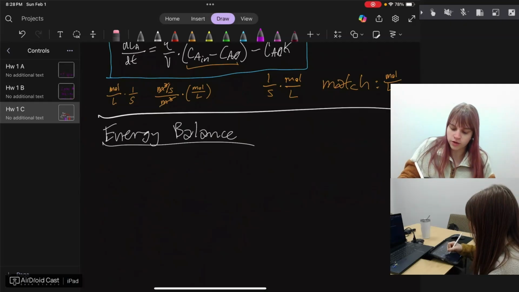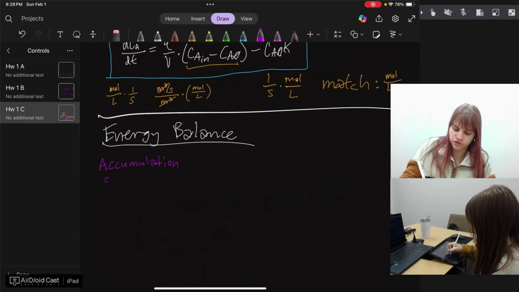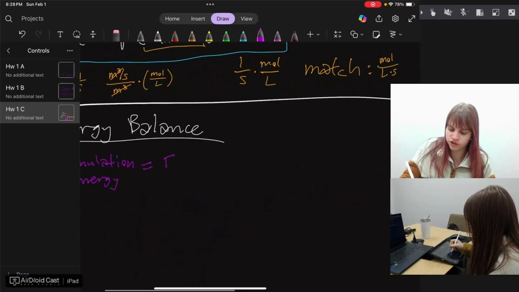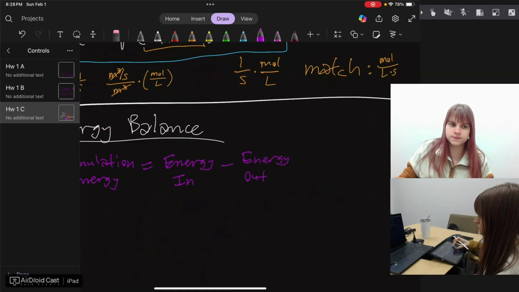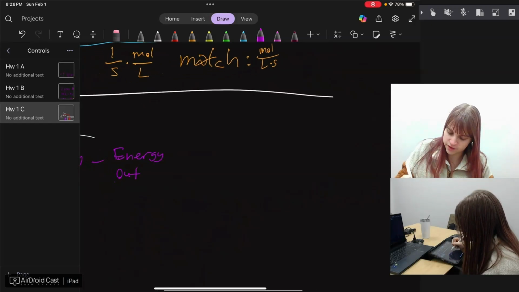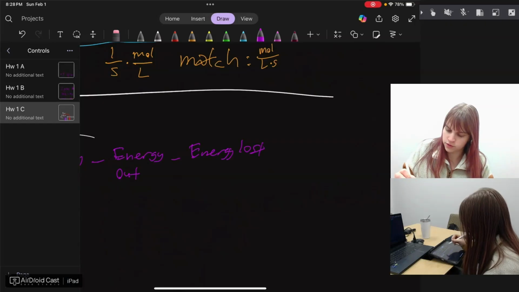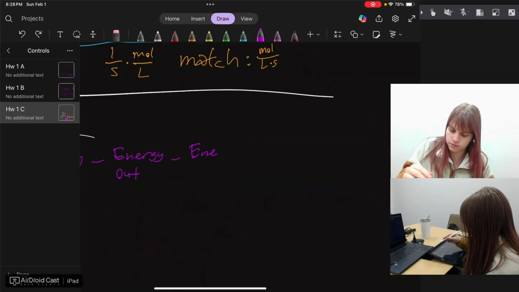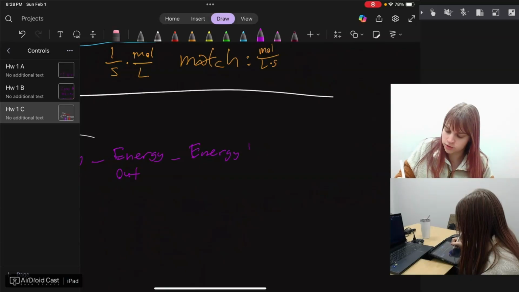So in general, we know that the accumulation of energy in this tank should be equal to energy in minus energy out minus energy lost due to heat transfer.